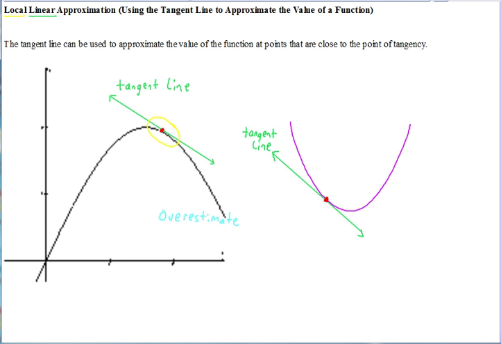So now if we look locally, or close by our point of tangency, you can see the tangent line lies below the graph. And that would mean that this tangent line would underestimate the actual value of the function.